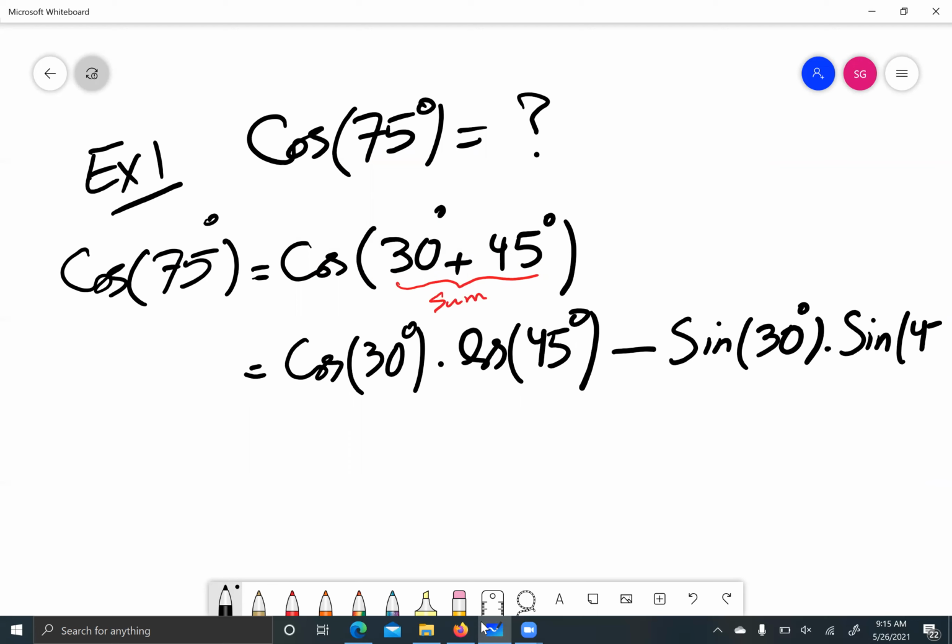Here I just applied the sum identity for cosine.